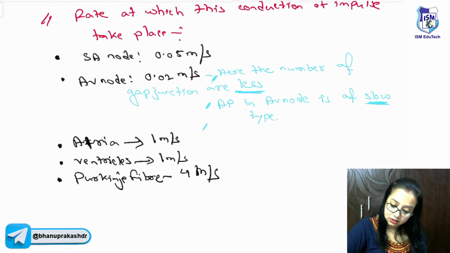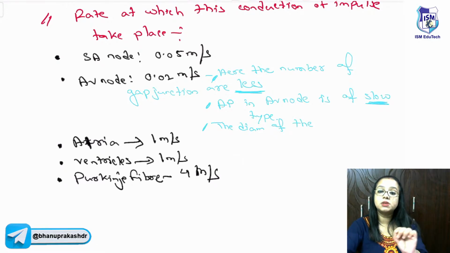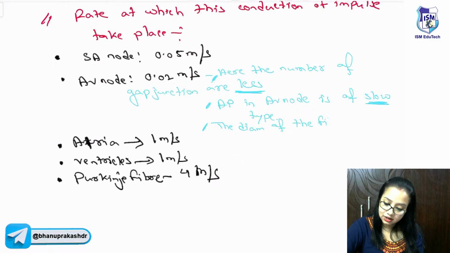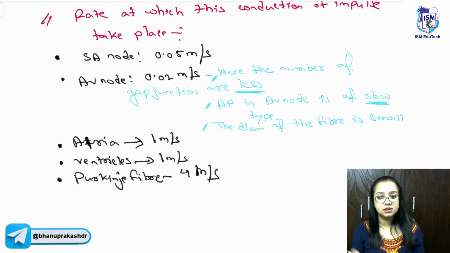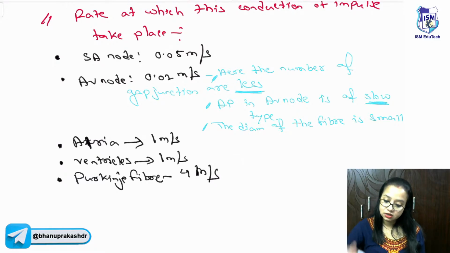Third reason, the diameter of the cardiac muscle fiber is small. Since the diameter of the cardiac muscle fiber in the AV node is small, the impulse conduction will be slower. So all these three factors make the impulse conduction very, very slow.